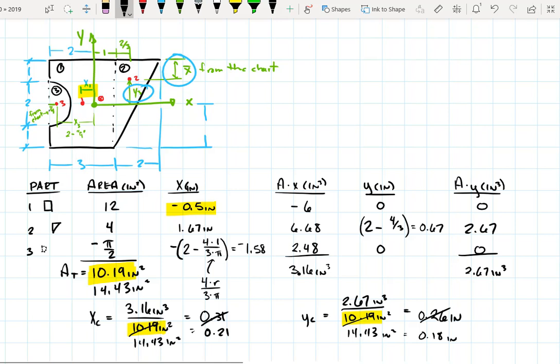Inches. I put no units on that, inches. So yeah, they are even closer to the origin, and it's totally possible that they come out to be 0, depending on where you put the origin. If you put the origin in the direct center of a rectangle, x and y will both be 0. Here, they are slightly to the right and above the origin, and only because of the triangle having more area above the y-axis.